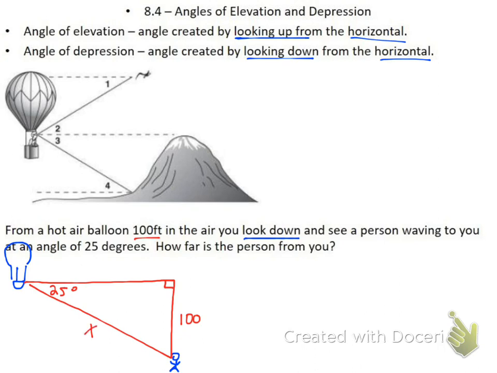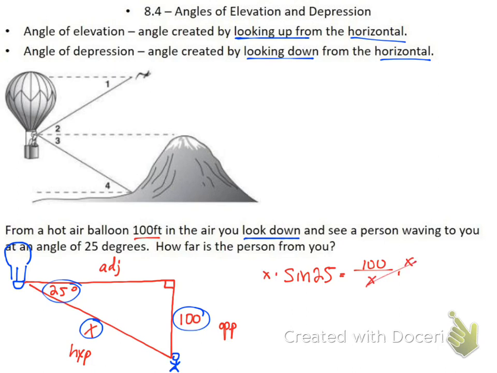And so again, just like we've done before, two things I know, one thing I don't know. This is my hypotenuse, this is opposite, and this is adjacent. The two things that I'm using are opposite and hypotenuse, and opposite and hypotenuse is sine. So sine of 25 is equal to opposite, which is 100, over x, which is what I'm trying to figure out.